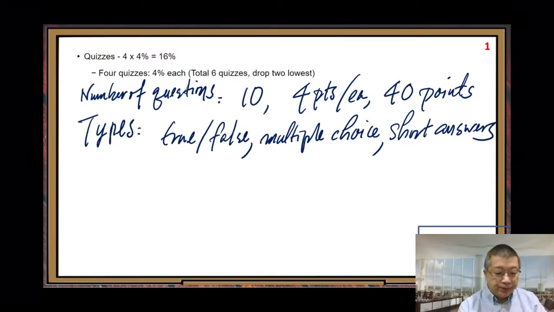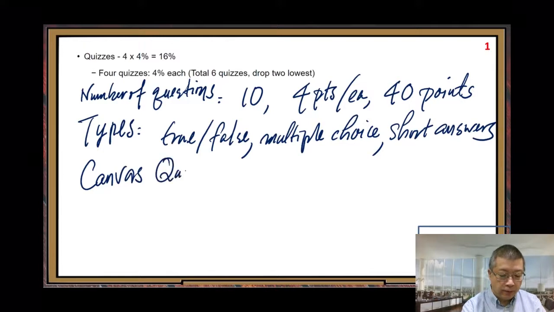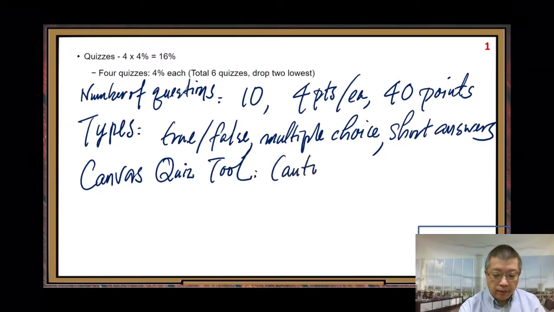Because I will use the Canvas quiz tool to run quizzes. Because this tool can do auto grading.